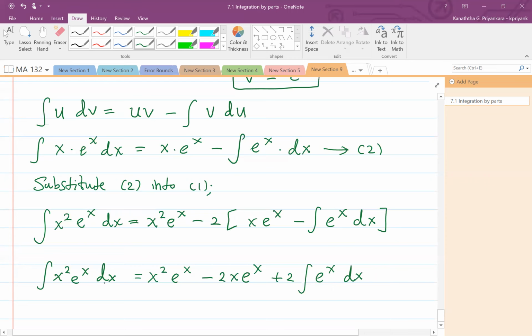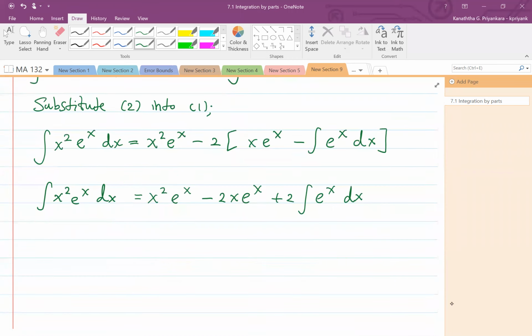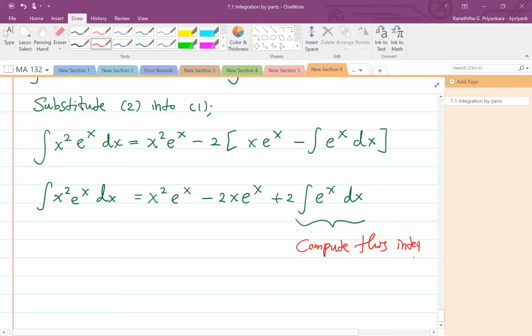Now we need to compute the antiderivative of e to the power x. So we can write down the answer.